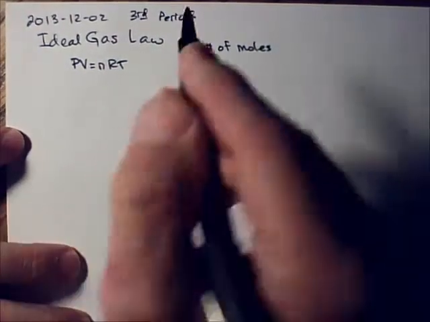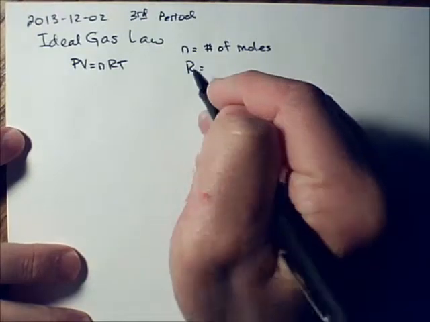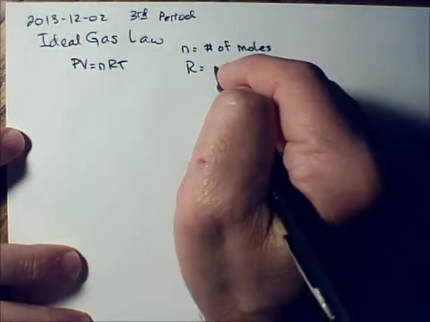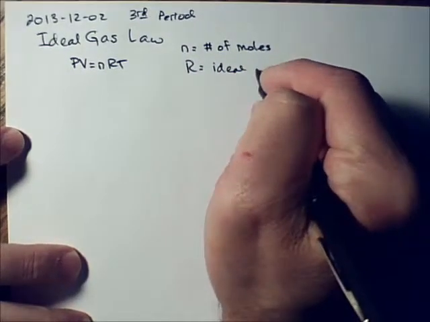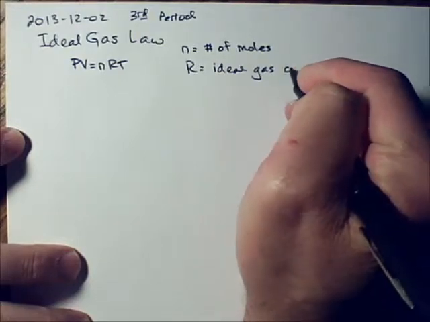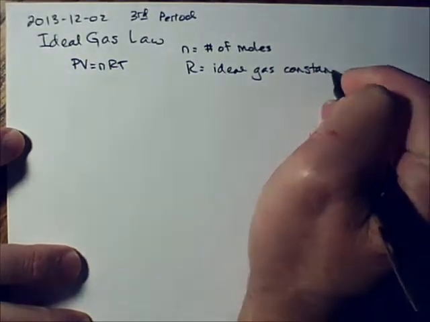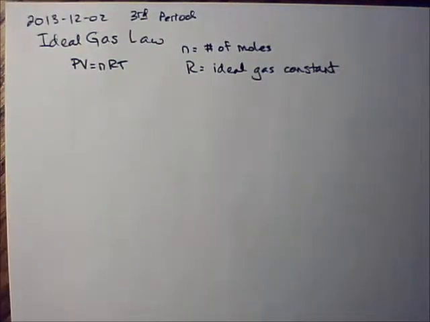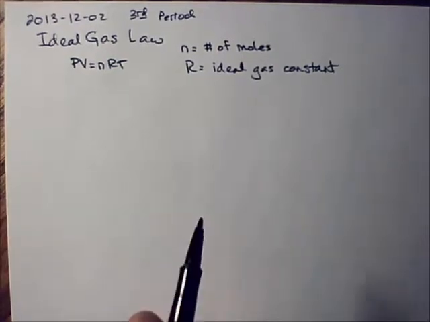Now, R doesn't vary. R is a constant. It's the ideal gas constant. Now there are different versions of R, but the value is the same. Okay? Different versions of R, but the value is the same. Here's what I mean by that.